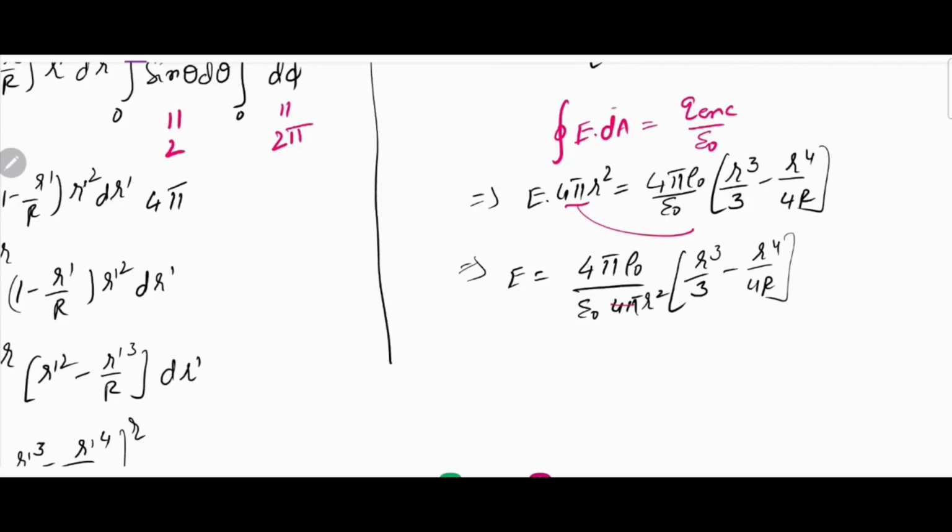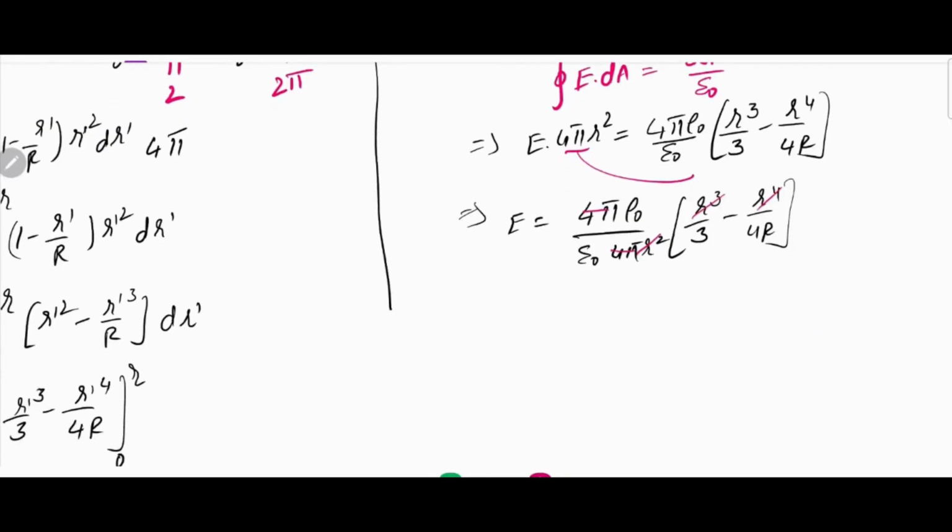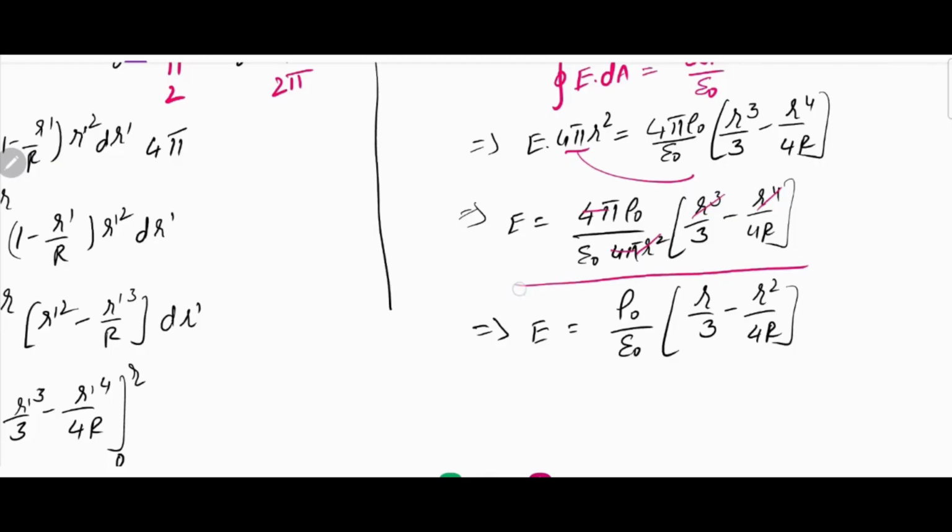For example, 4 pi gets cancelled and r square cancels here and here. So finally we will be left with E is equal to rho naught by epsilon naught, small r by 3 minus r square by 4 capital R. So this is the expression for electric field inside the sphere.